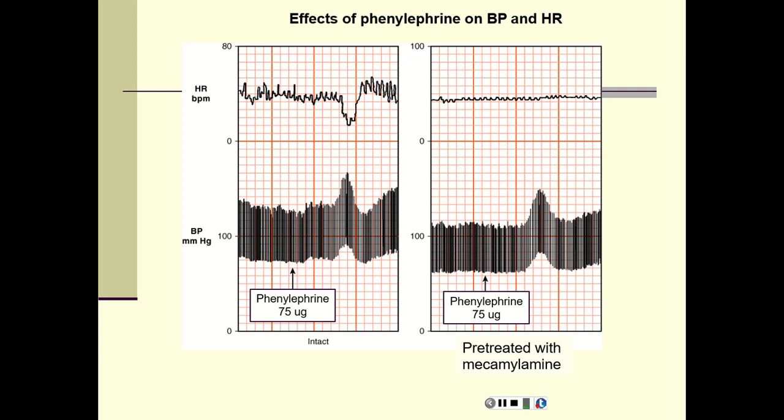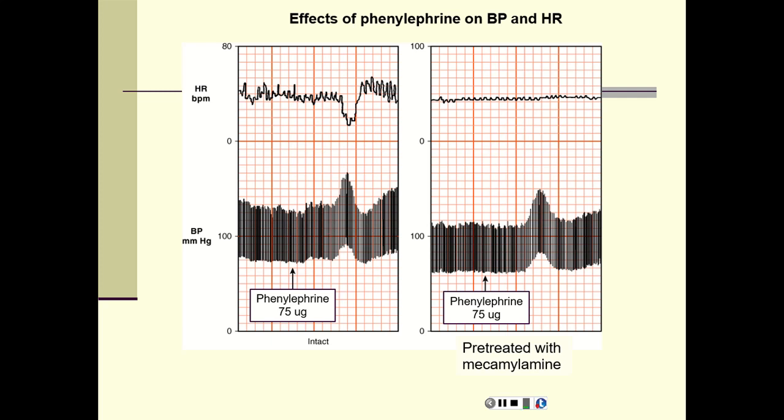And so here's this first panel, the one on the left, a replication of the dose of phenylephrine, which we saw produced the alpha effect, and a small dose was given, and it caused a brief increase in blood pressure, right? Mean arterial pressure is going up, systolic pressure is going up, diastolic pressure is going up. And 75 micrograms is a small dose, but it's enough to see this little brief effect.